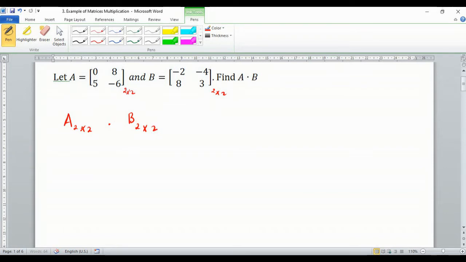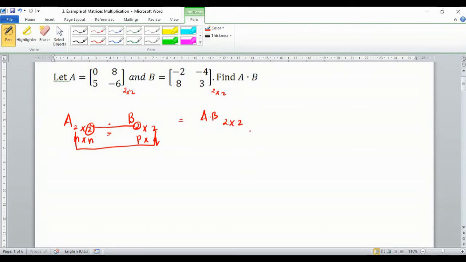This one is m, this one is n, this one is p, this one is q, right? So n and p should be the same. Yes, of course they are the same. So we can write the new AB matrix with the result being 2 by 2.